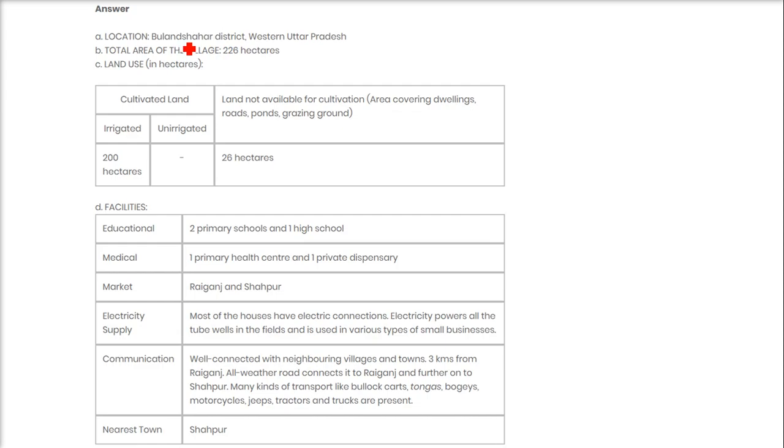The location is, it is given in the book that Western Uttar Pradesh has been given. So you can just give some answer like this, or rather you can give the answer like this, that Palampur is around 3 kilometers from Raiganj, and on the same road we have Shahpur.